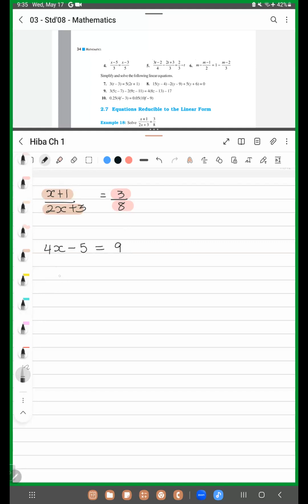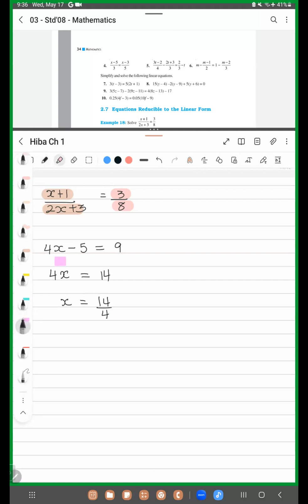We will bring 5 to the other side. It will be 14, and then we will bring 4 to the other side. 14 divided by 4. So x will be 14 divided by 4.